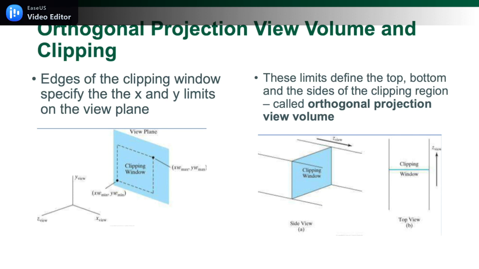So the images below are just an example. Now there's an extra thing about 3D projections compared to 2D: the limits of the window define the clipping region, but there's also a concept called orthogonal projection view volume. Now what is view volume?